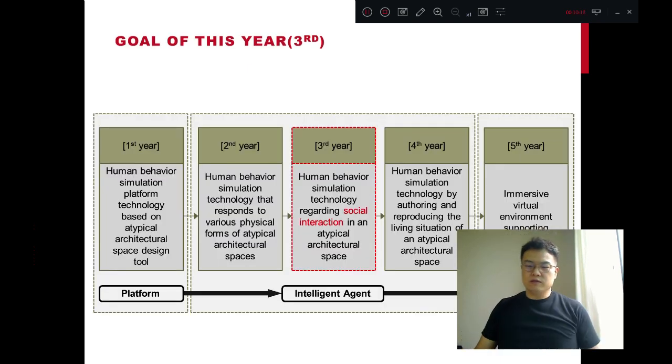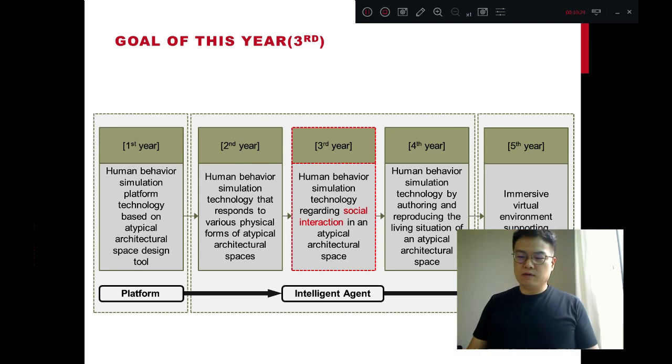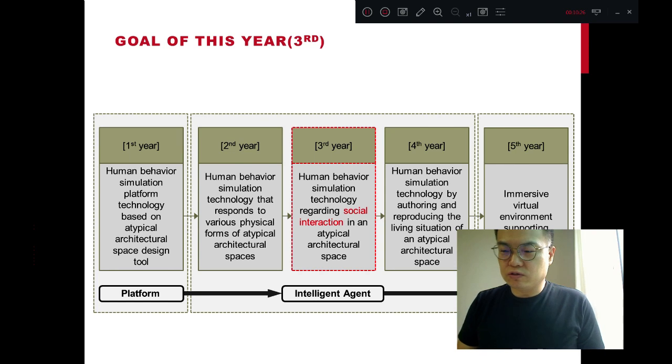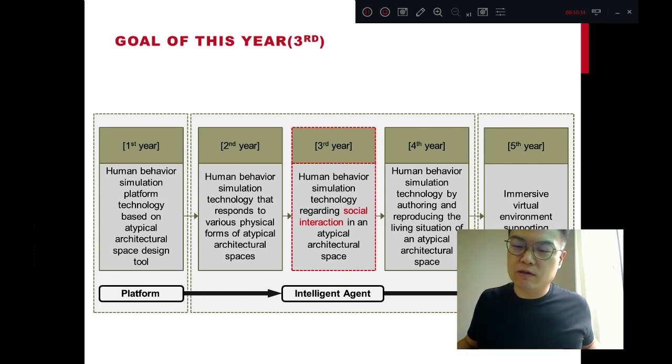And in the third year, we're going to make intelligence for social interaction, because there are a lot of people in the same place in the atypical geometry.